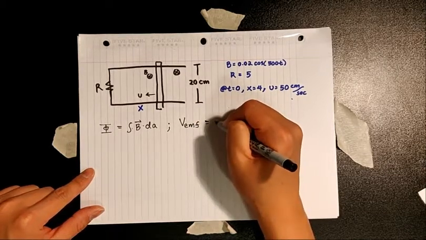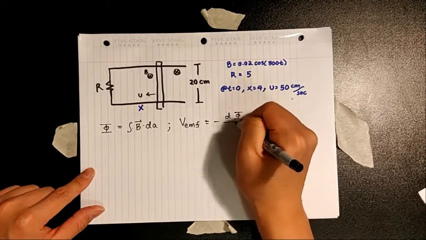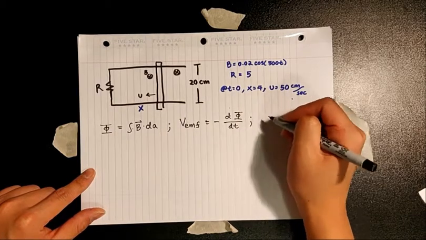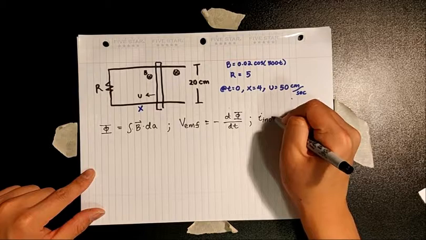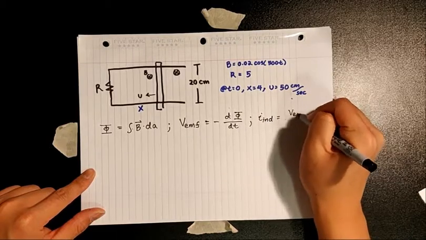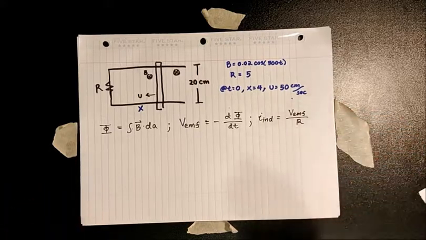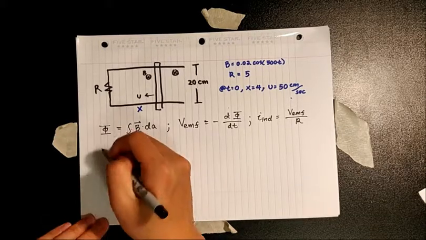And this is simply negative d phi, or flux, over dt. And we can use the electromotive force to find the induced current, which is just V EMF over R. So the first thing we're going to do is find the flux.